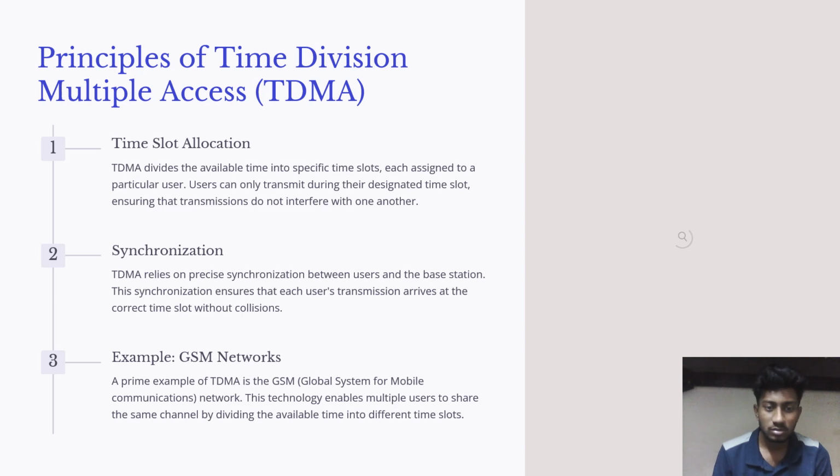This synchronization ensures that each user's transmission arrives in the correct time slot without collision. For example, GSM networks. A prime example of TDMA is a GSM, global system for mobile communication, network. This technology enables multiple users to share the same channel by dividing the available time into different time slots.